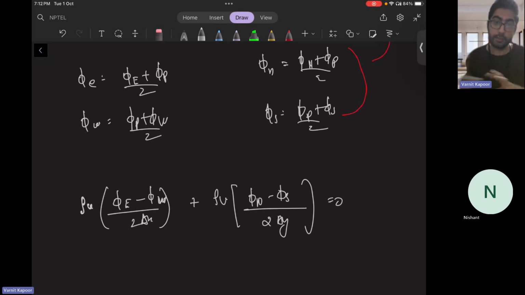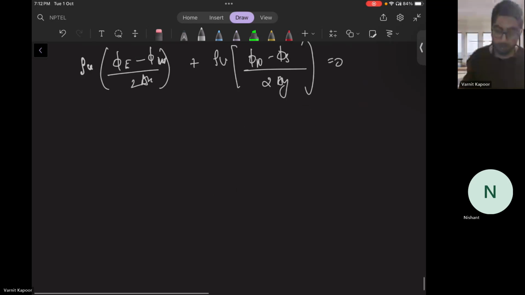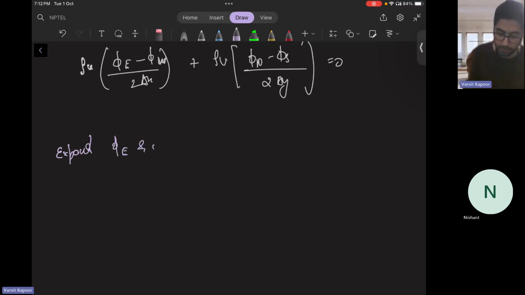Now again, you need to expand phi east and phi west about phi p using the Taylor series.